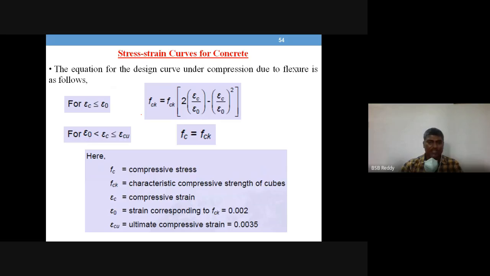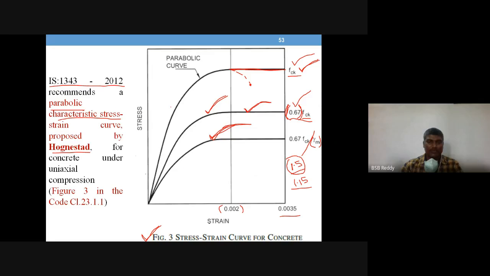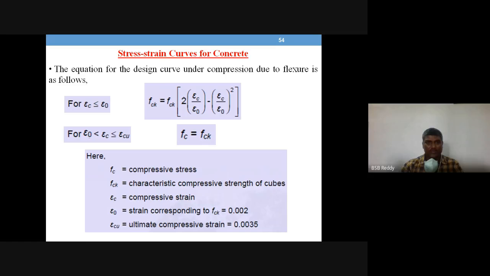And if you want an equation form for this, if you want a value at any strain value like 0.001 or 0.0015, you can get it by this equation. Okay, so for strain epsilon less than or equal to 0.002, it is FCK into 2 times the strain at a particular point divided by the initial strain.